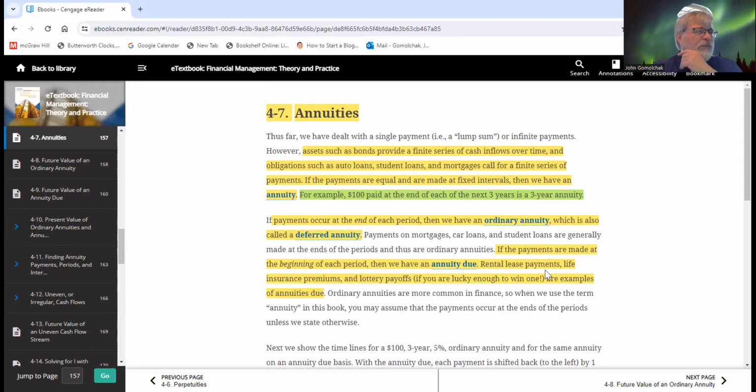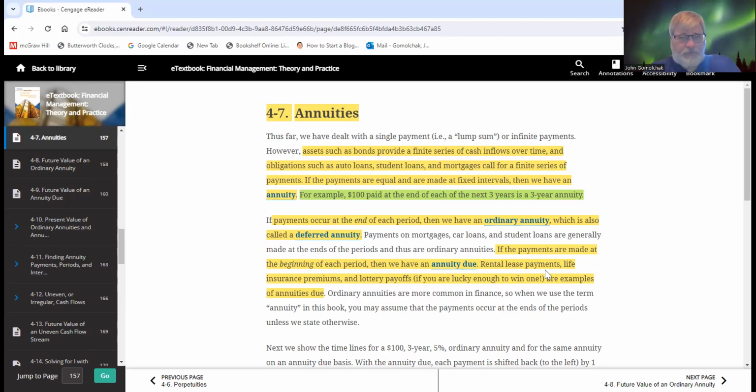If the payments are equal and are made at fixed intervals, we have an annuity. For example, the amount of $100 paid at the end of each of the next 3 years is a 3-year annuity. If payments occur at the end of the period, we have an ordinary annuity, as opposed to a deferred annuity.